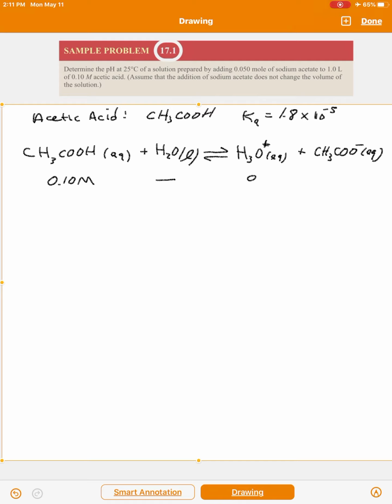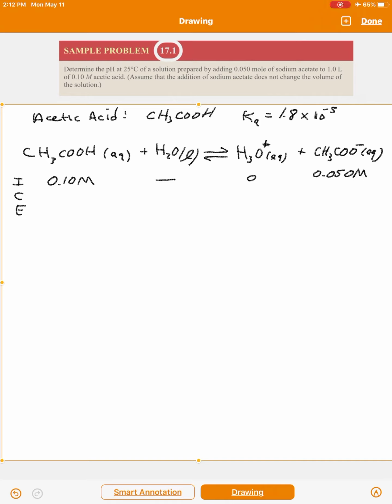It says that it's actually going to be 0.05 moles in a liter. So 0.05 divided by 1 is 0.05 molar. So that's how this differs from the chapter 16 problems of weak acids. This is a mixture of the weak acid with its conjugate base. So we've got to figure out what the direction is going to be. This is the initial.